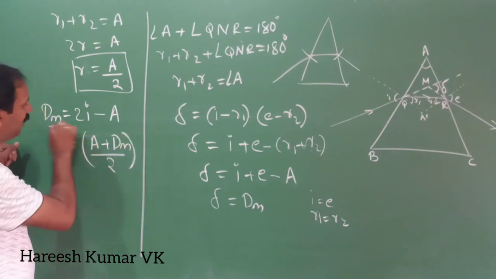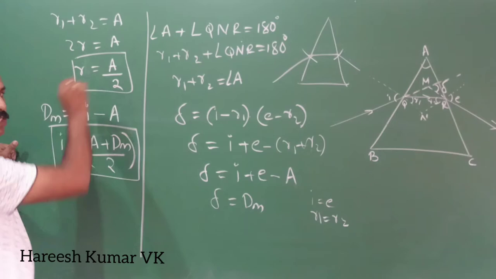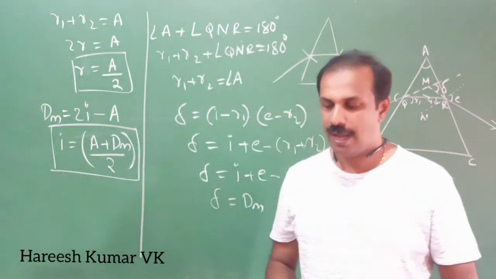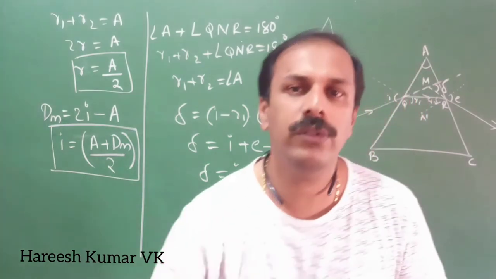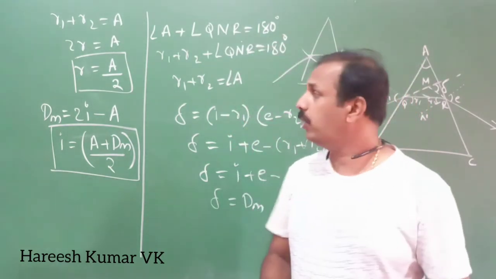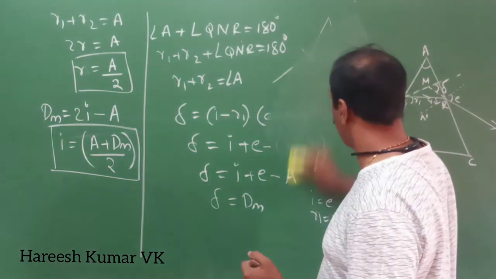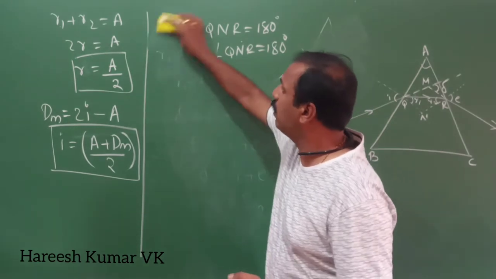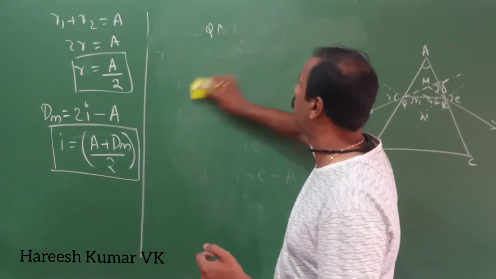So we got one equation for I and one equation for R. So we got angle of incidence and angle of refraction, both we got. Now what we have to do is, when you have equation for angle of incidence and angle of refraction, we can use that to find the refractive index using Snell's law.